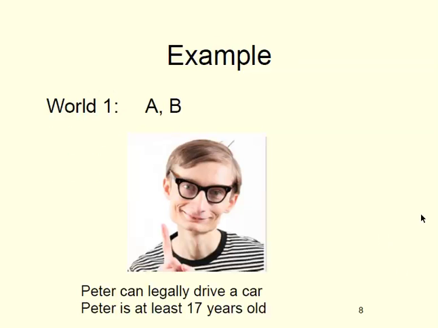Now, in the first world, A and B hold. That means, translated into the situation, that Peter can legally drive a car, and Peter is at least 17 years old.